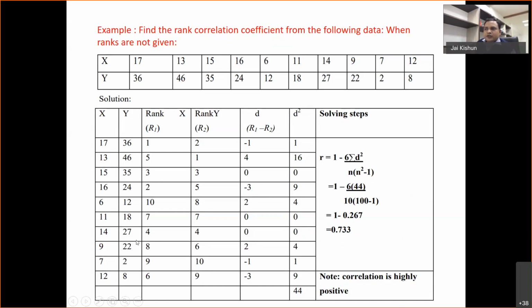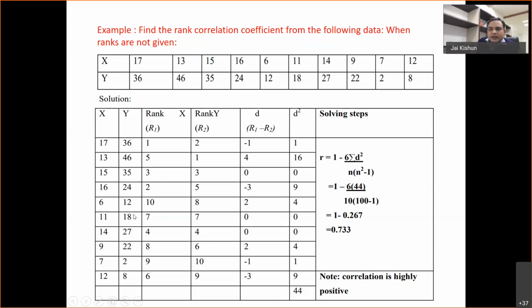And when two values are equal, we take the average of their positions. We are not talking about the values, but the average of their positions, and we put that average rank in both places.